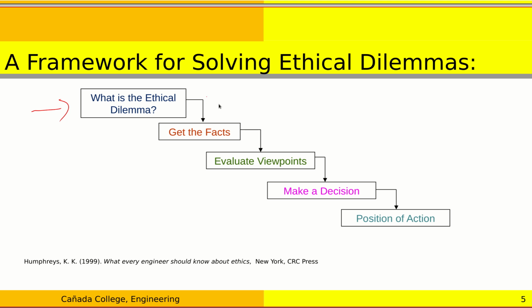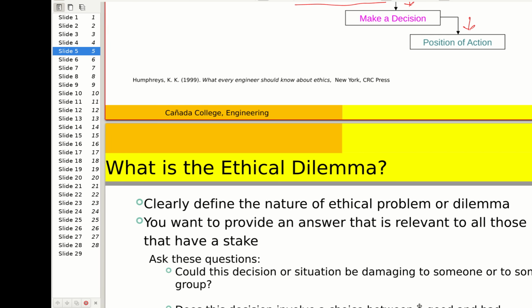Once you clearly understand what the dilemma is, then you get all the facts of the situation. Once you have all the facts, you evaluate the various viewpoints that are very likely to occur. Once you've done that, you make your decision and justify it by providing a clear position.